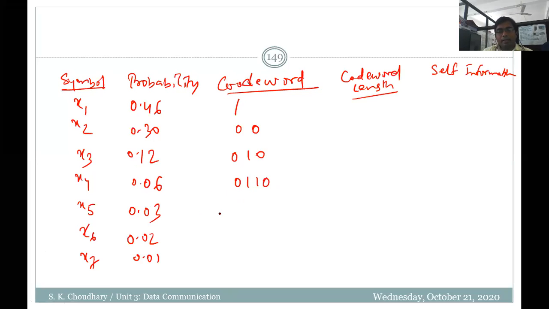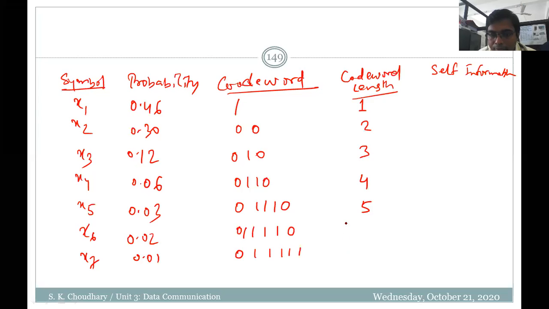Okay, and then x5 is 0, 3 times 1 and 0, x6 is 0, 4 times 1, 0, and x7 is 0, 5 times 1. Okay, so in this way you can write the lengths 1, then 2, then 3, 4, 5, and then 6 and 6, and you can calculate the self information on your own. That would become the same as in the previous case.